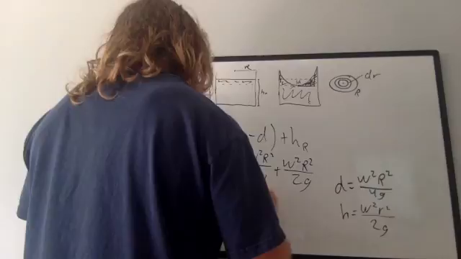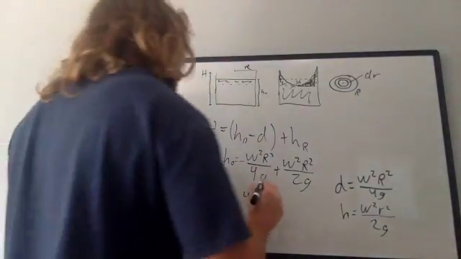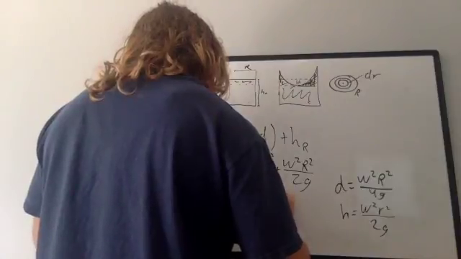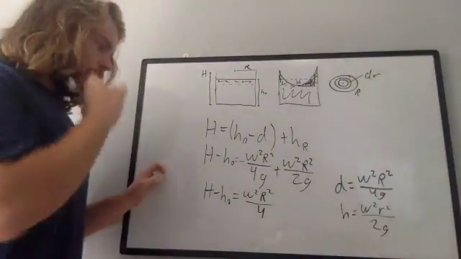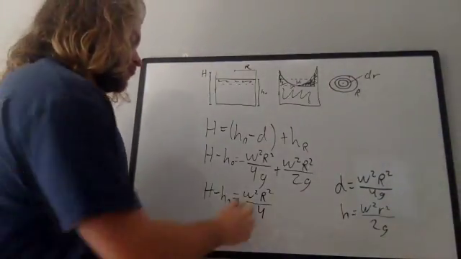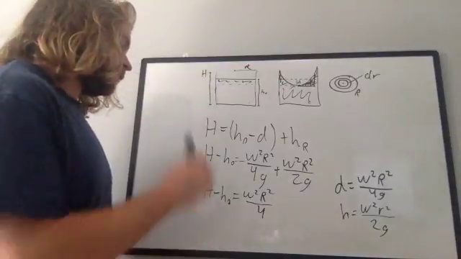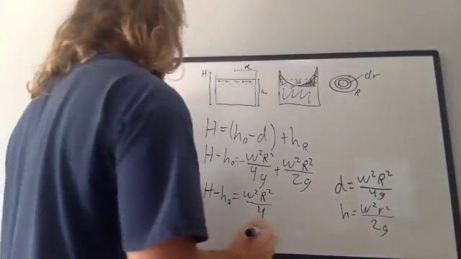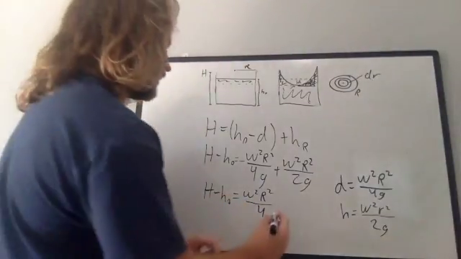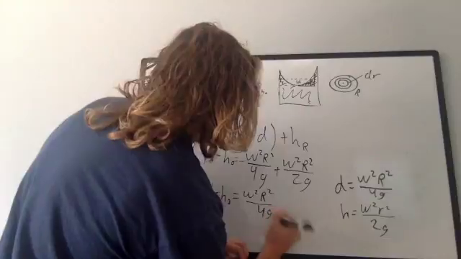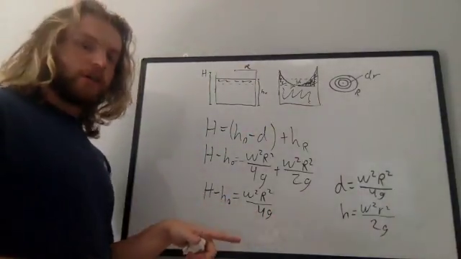Then this is going to be positive 1/4 w squared r squared over g. And yep, we are pretty much looking to solve for this angular acceleration. So we'll just go ahead and move some of our variables around, do some algebra real quick. All right, just realized we forgot to include our acceleration due to gravity over here in the denominator right here. That's important. Make sure you guys don't forget that.